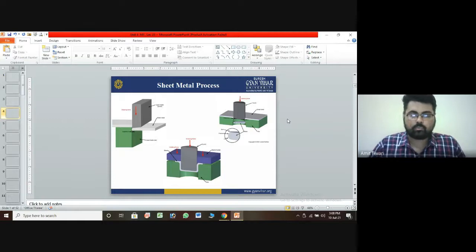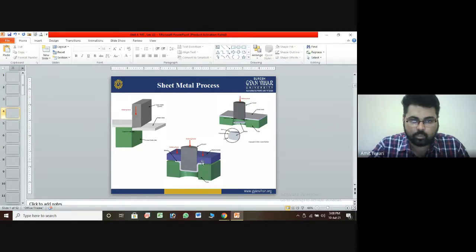You can also see this type of punch placed here for making the U section. You place the sheet on the die, use a U-type punch, and apply pressure, making a circular or U-section tube fabricated with the help of sheet metal processes, by using the punch and the U-section die.